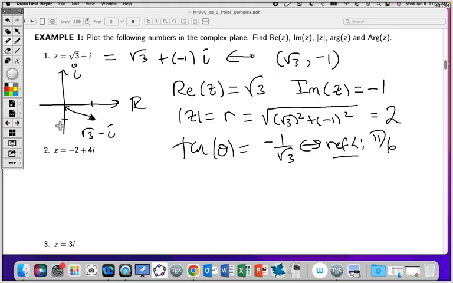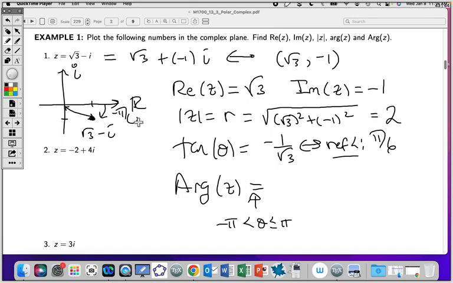So I need to pick the angle for the principal argument of z, between -pi and pi, in quadrant 4 with the reference angle of pi over 6.